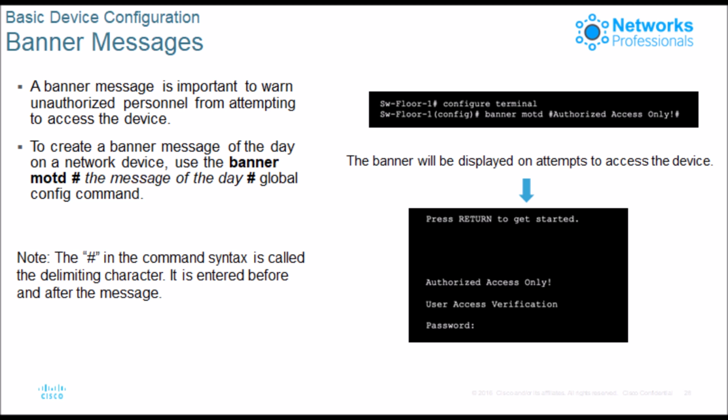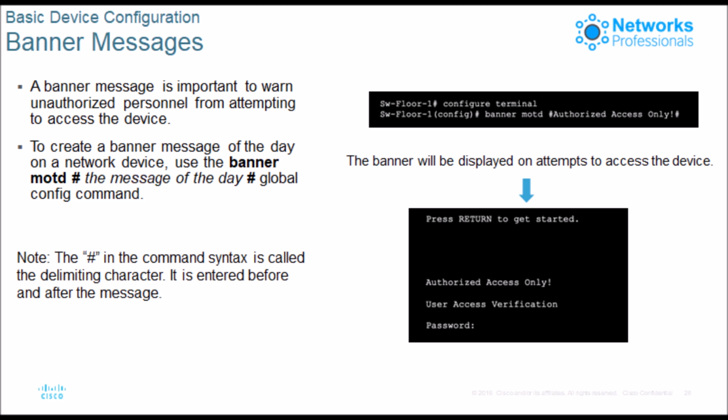Banner message. Although requiring a password is one way to keep unauthorized personnel out of a network, it is vital to provide a method for declaring that only authorized personnel should attempt to access a device.